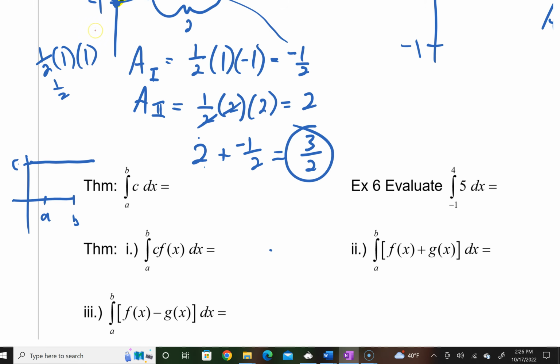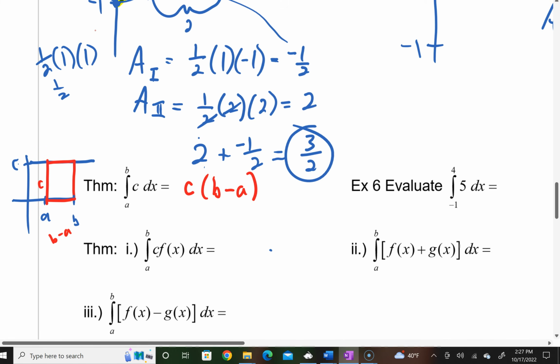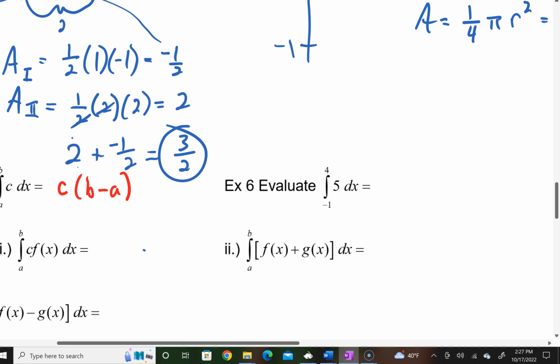I think what I want to show you real quickly is you would get a nice rectangle for your area when you look at that. What would the base of it be? It would be b minus a. Your height would be c, so it would be c times b minus a. You're always welcome to draw a picture of that if you would like. That might just help you.